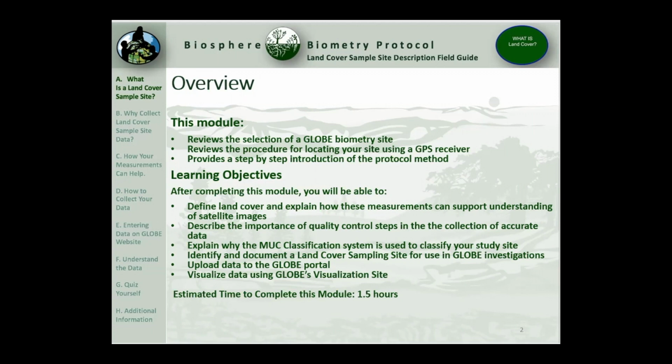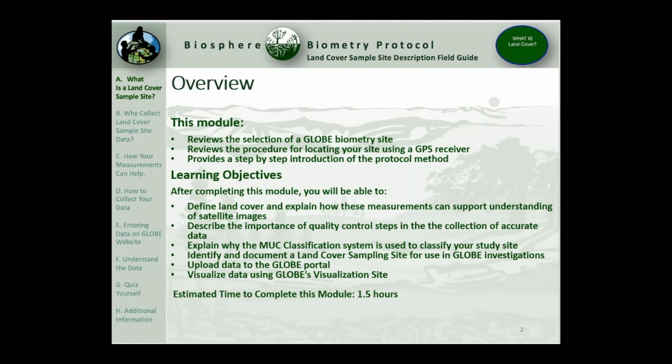That's a really interesting link to the NASA effort that's going on. They do stress the idea of quality control, very important. And then they have something called the MUC classification system. That's a land classification system.